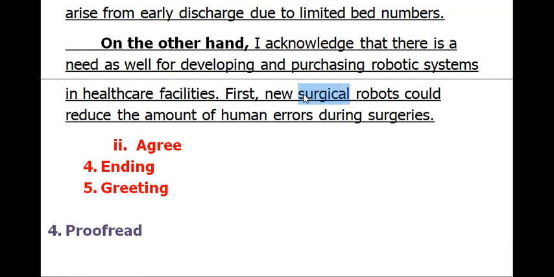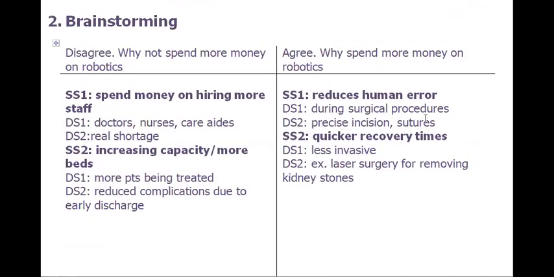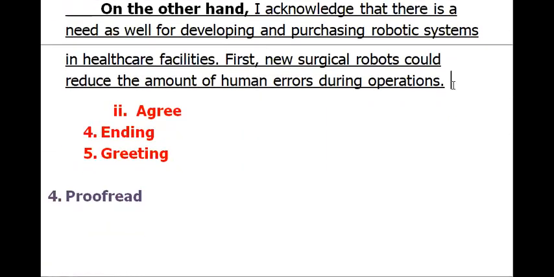Maybe because we use surgical, let's say operations instead of surgeries. Okay, and we talked about the precision of the incision, the sutures being very exact. So let's explain, what do we mean by reduce the amount of human errors?